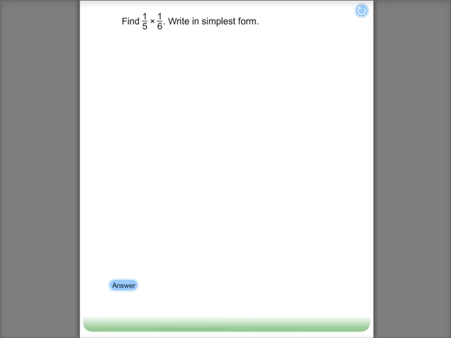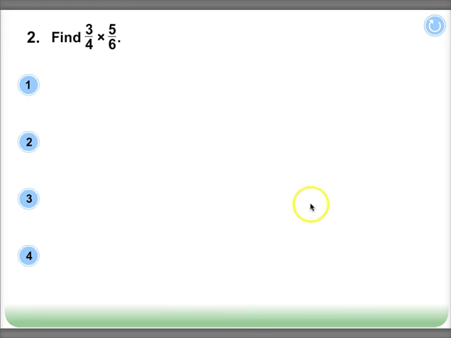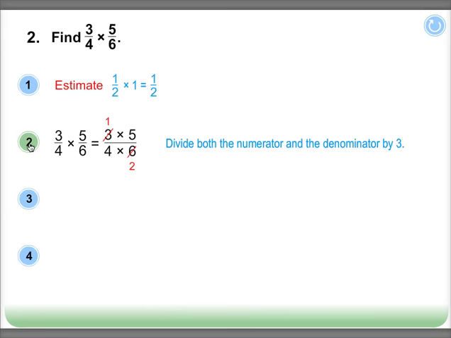All right, moving on. Next one, find 3/4 times 5/6. So if we estimate this, 1/2 times 1 equals a half. So our answer should be somewhere around a half. Now, we talked about cross simplifying.